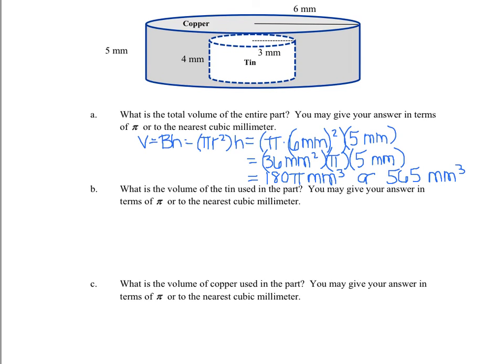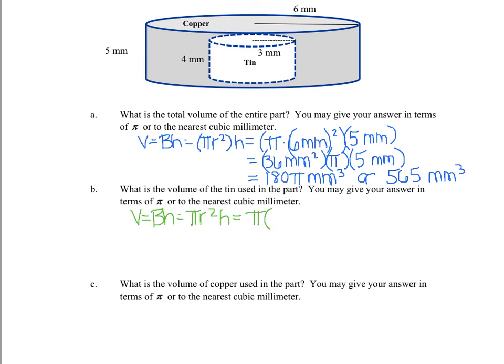Part B says, what is the volume of the tin used in the part? Same thing, you may give your answer in terms of pi or to the nearest cubic millimeter. Well, same formula. Volume is the area of the base times the height, so it's pi r squared times the height.